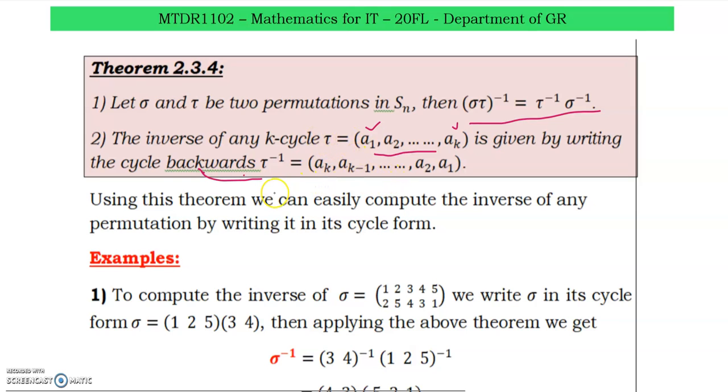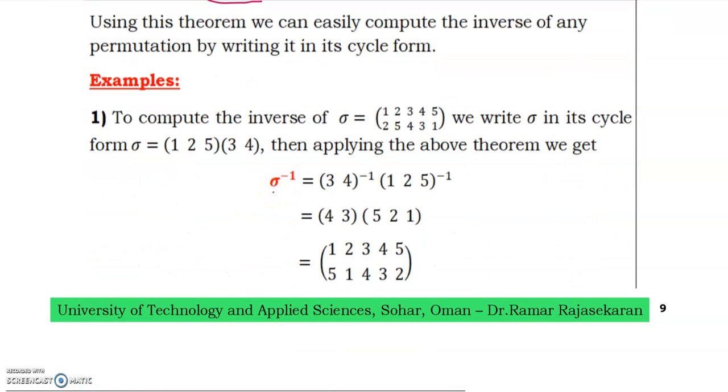Now you will see a few examples on this. To compute the inverse, sigma is given, and we are going to find the inverse. Now sigma we write in cycle form. Actually we can find the inverse directly from this. But how to use the cycle form to find the inverse?